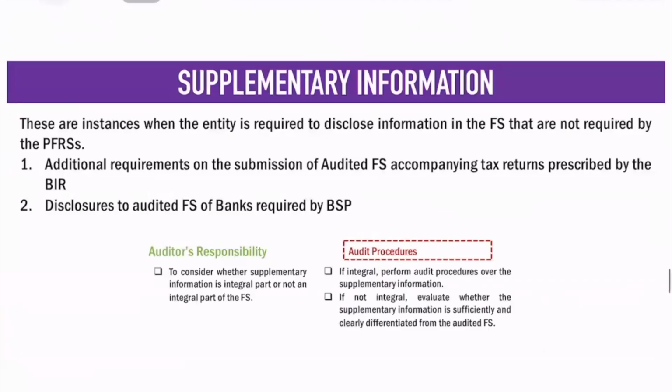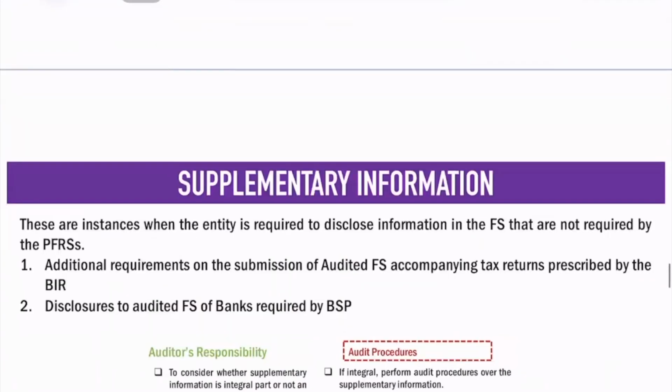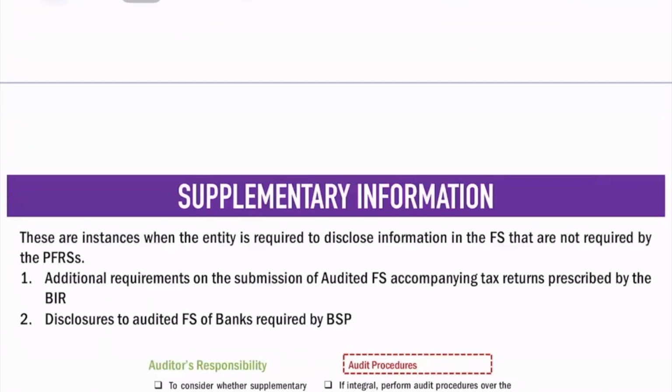Now, let's look into supplementary information. But before that, how does your independent auditor's report look if we now have the different items? You start first with the emphasis of matter, and then we have your key audit matter, and then you can place there your other matter.